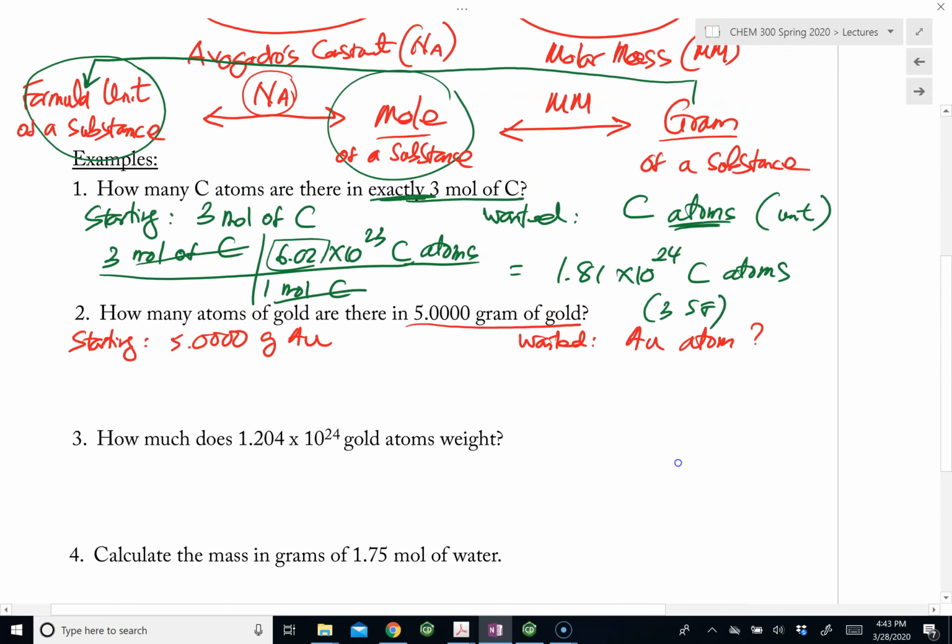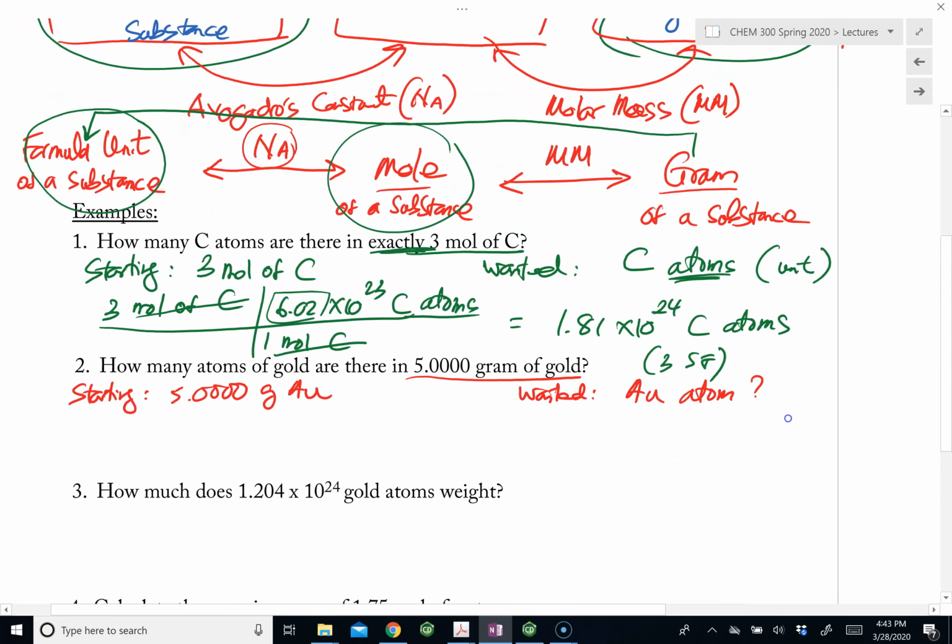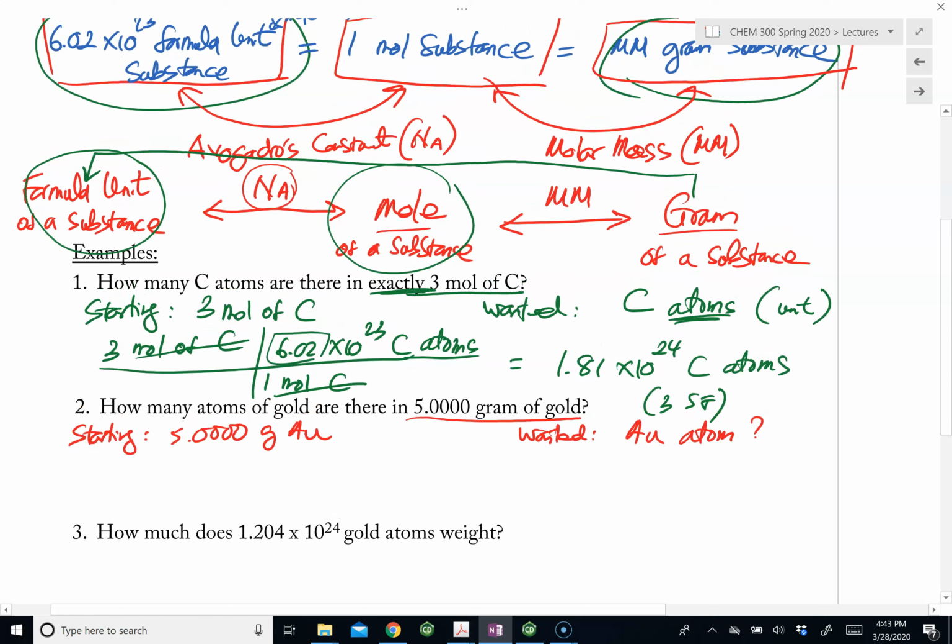And if we were to now go back to our map that we have seen from above, we are starting out with mass of gold, which is this unit. And we are asking to figure out the atoms of gold or the unit of gold, which is this unit in here. So there are 2 ways to go about this.